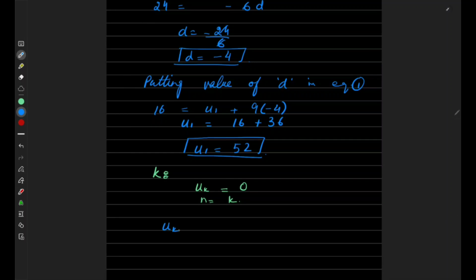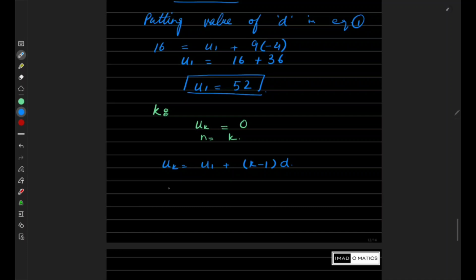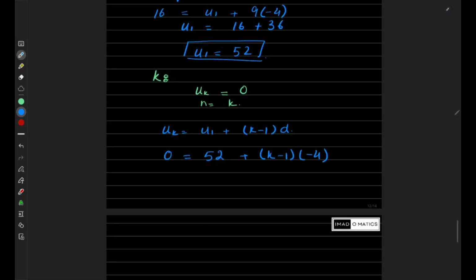So Uk is equal to U1 plus (k minus 1) times d. Now Uk is equal to 0, the value of U1 is 52, plus (k minus 1) times minus 4. So minus 52 is equal to (k minus 1) times minus 4.